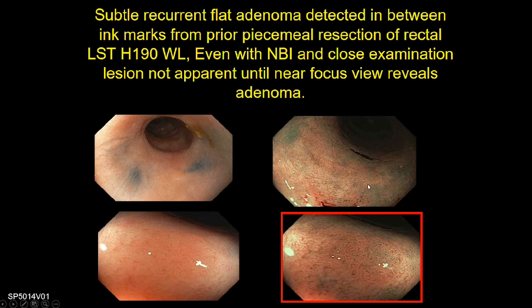Under narrowband imaging, on the image on the right, we can see the bump a little bit right here in the same area. But then under near focus, by pushing the scope up to the tip, you can see over here under white light on the left, and here on the best, on the right, under narrowband imaging.